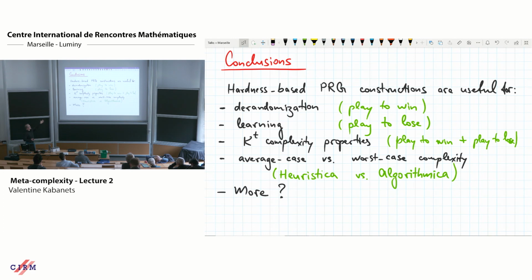It's useful for randomization, play to win; for learning, play to lose and do reconstruction; for analyzing properties of KT complexity that we just saw, symmetry of information; applications to complexity like average case versus worst case that I just briefly sketched for you; and probably more stuff that can be done. That's all I have to say.